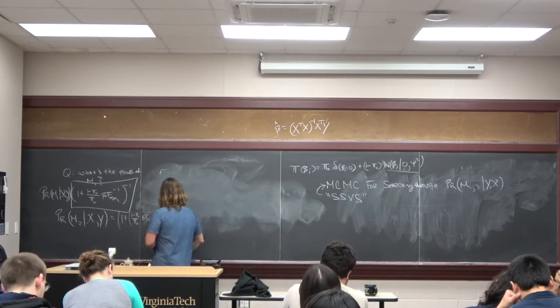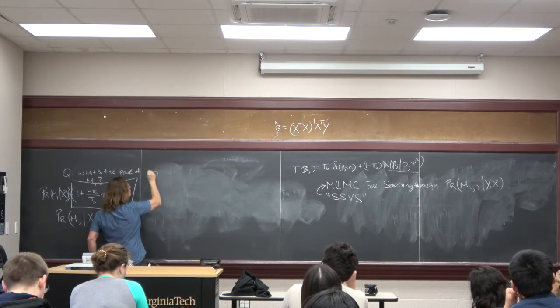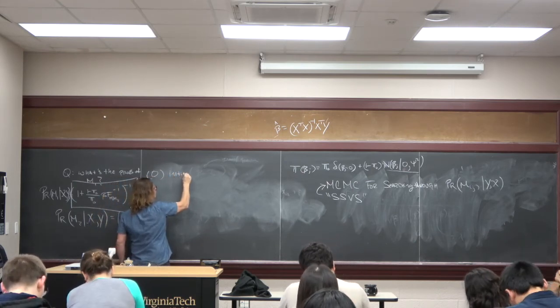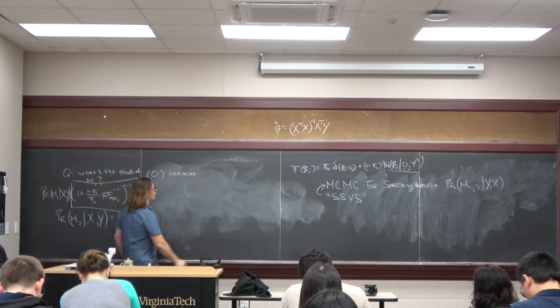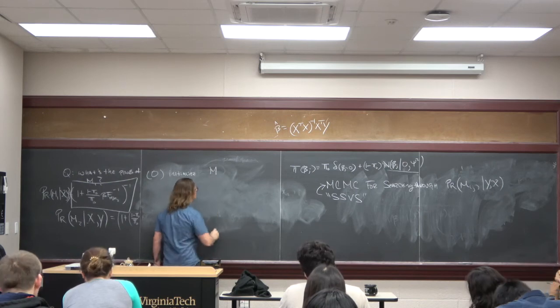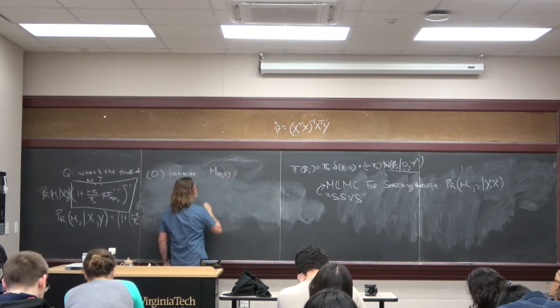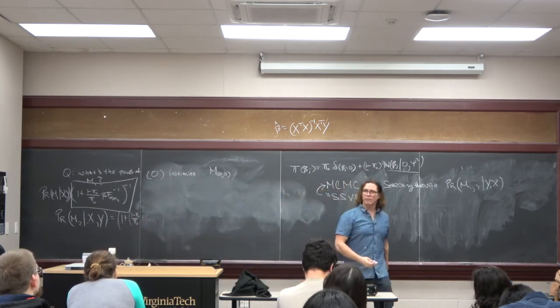So I can do the 0th step of my sampler. 0. Initialize. And I'm going to write it down like this, model, and I'm going to write down 0. I'm going to give myself 2 indices to be a little bit redundant in all of this.